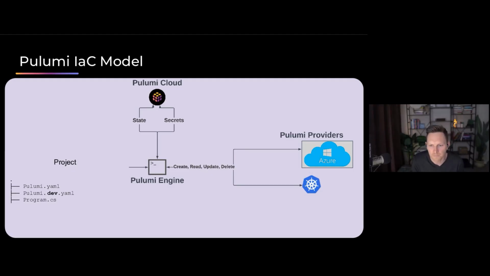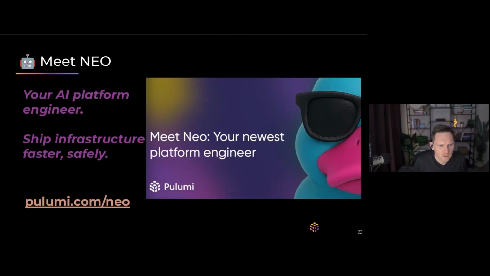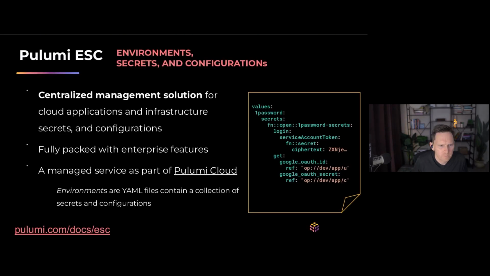In terms of secrets, we have Pulumi ESC, which is a centralized management solution for secrets and configuration. This can be a great way to handle secrets, but you can also use Pulumi with other secret solutions. I don't know if there's a specific question you have about how secrets could work, but I would advise you to look into Pulumi ESC.